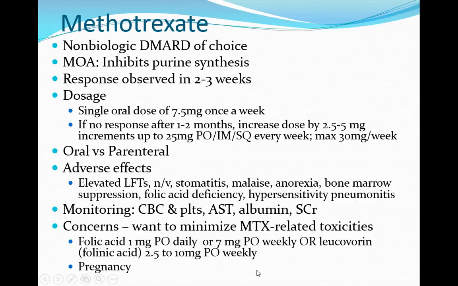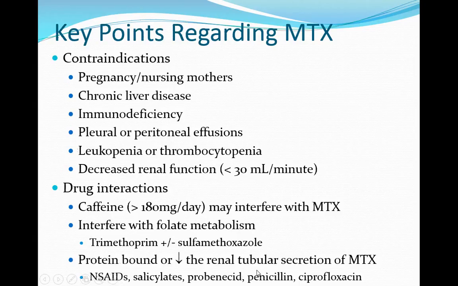So I can't stress enough, you need folic acid and you need leucovorin, okay? And they're not the same, they're different doses, but that's to avoid the bone marrow suppression, all right? And there are contraindications and concerns and drug interactions. Sorry I couldn't get through everything, but I wanted to give you the key points about rheumatoid arthritis. So good luck, email me, and have fun.